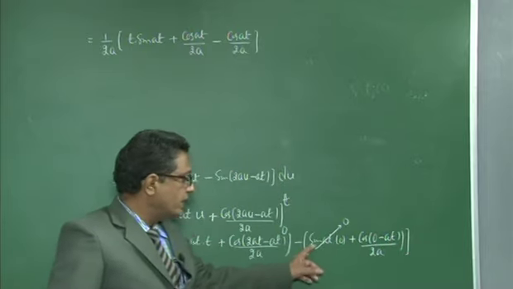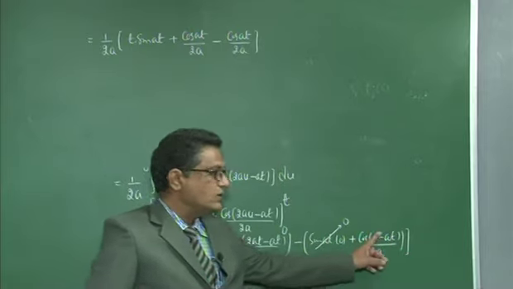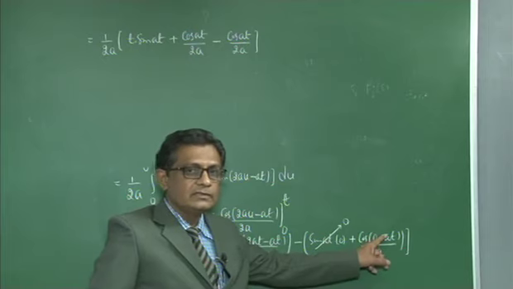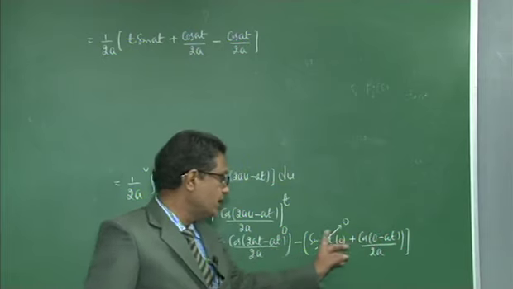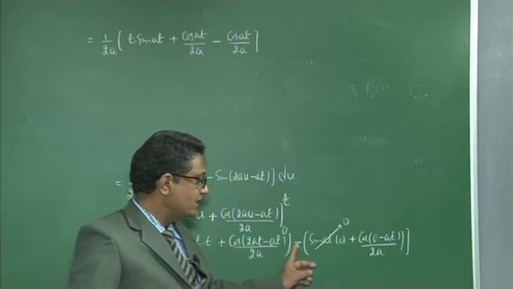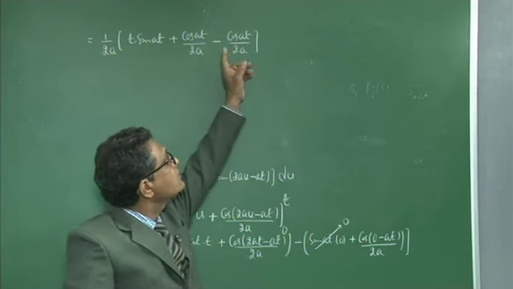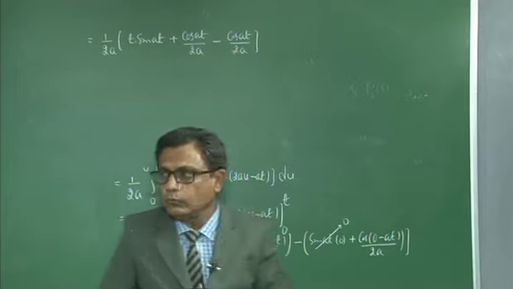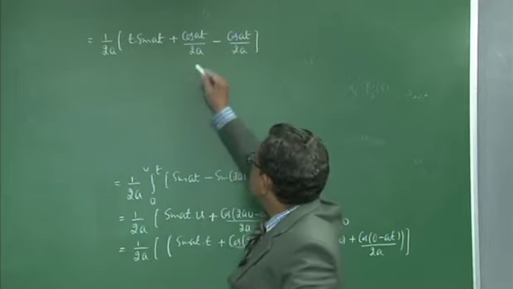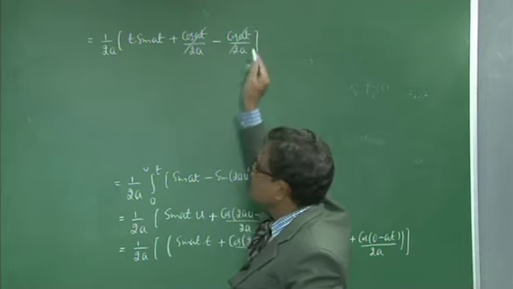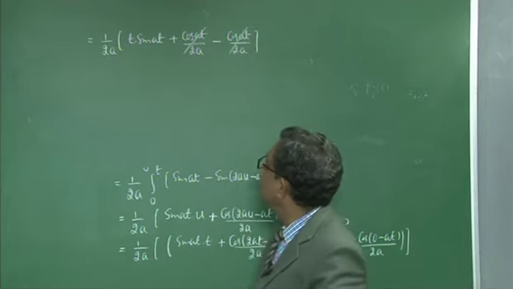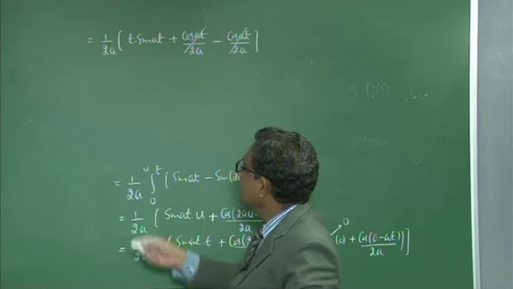Now, 0 into anything is 0. This is cos of minus theta. Cos of minus theta is cos theta only. But outside minus sign is there. Minus into plus is minus only. Therefore, it is cos at by 2a. Now, the last two terms get cancelled. Cos at by 2a plus minus get cancelled.